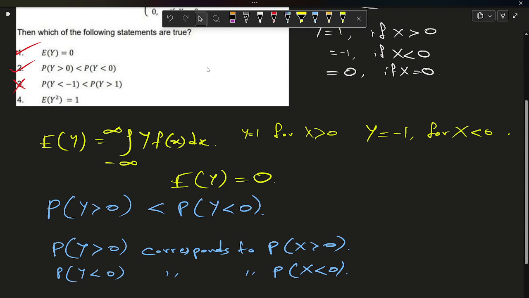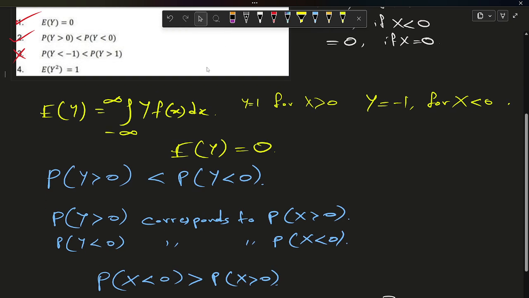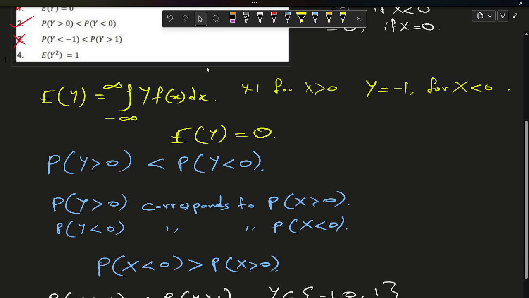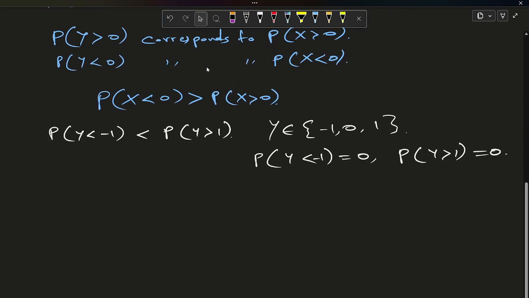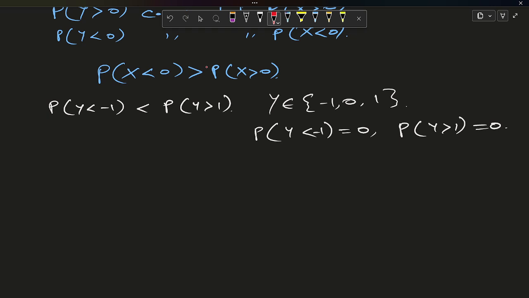Now we have to check option 4, which says expectation of y square is equal to 1. From the definition of y, y square is equal to 1 for y equals plus or minus 1, and y square is 0 when y is 0.